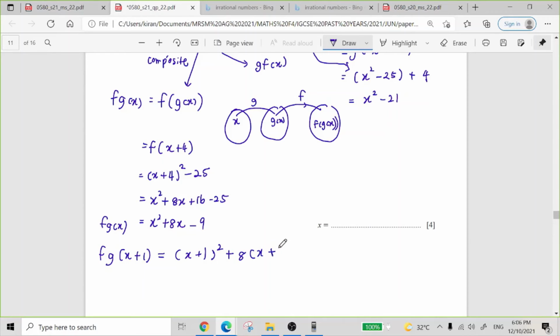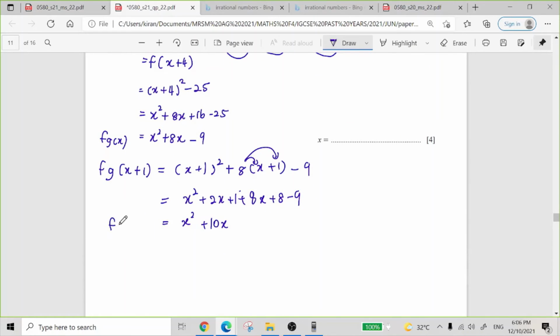The working is a bit long, so we simplify first. We get x squared plus 2x plus 1, and then 8x plus 8 minus 9. Rearranging, x squared plus 10x, and 1 plus 8 minus 9 is 0. So this is the function fg(x plus 1).